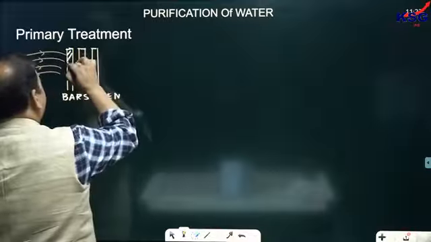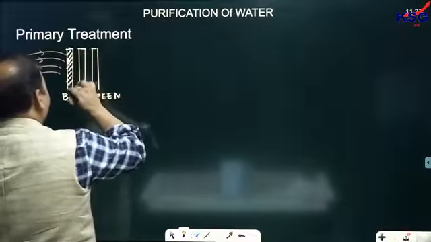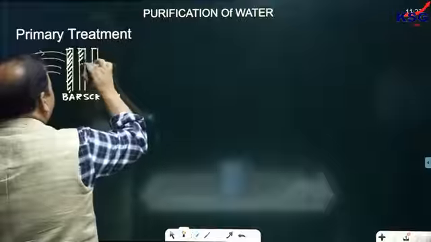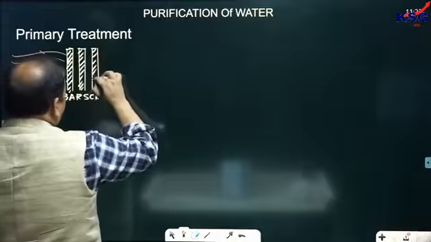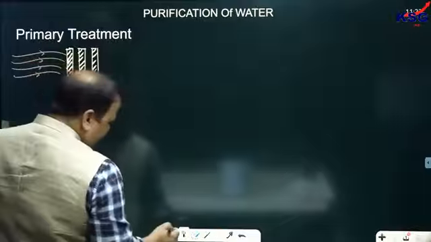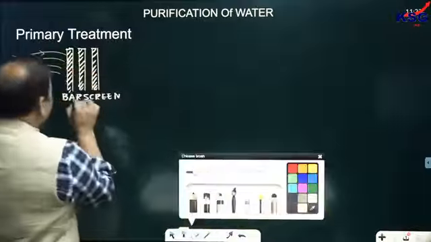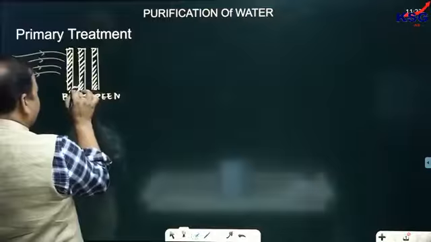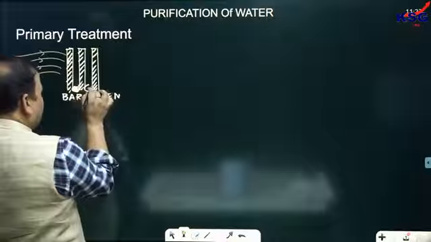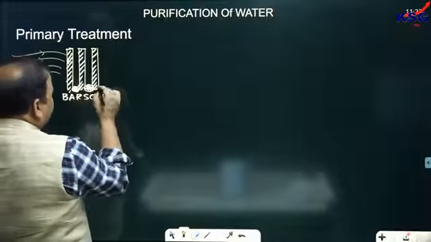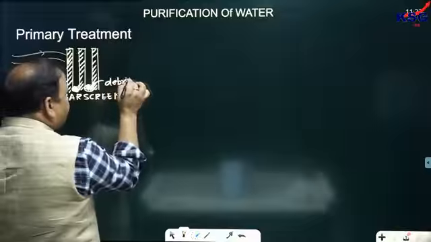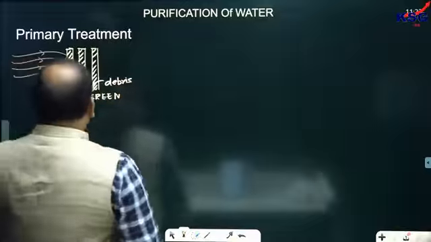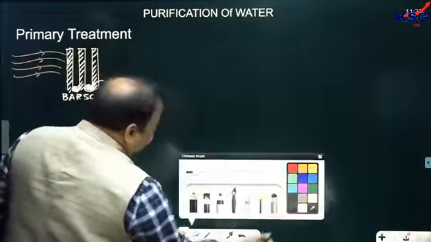And the bars are 1 inch apart. What happens is that the larger debris which are present in water would be getting accumulated here. Clear? These debris would be getting accumulated here.